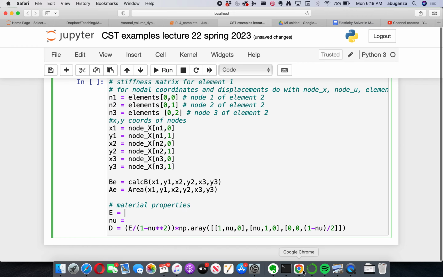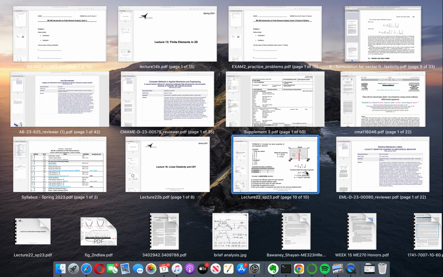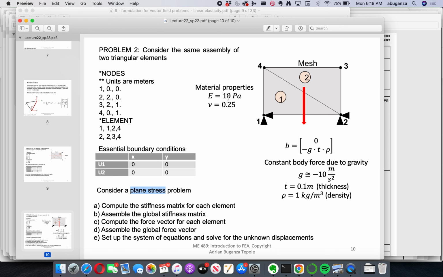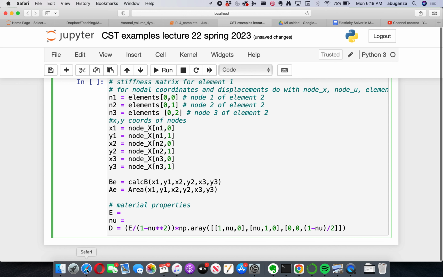For my example, nu is 0.25, and Young's modulus E is 10.